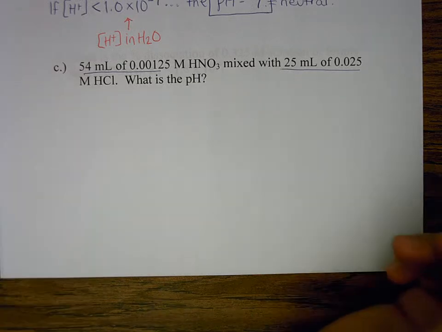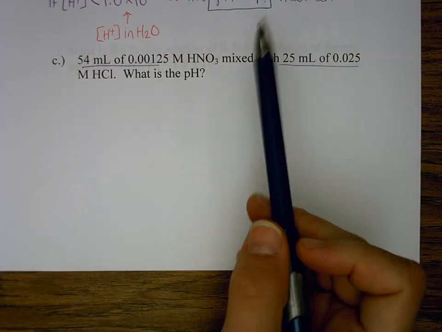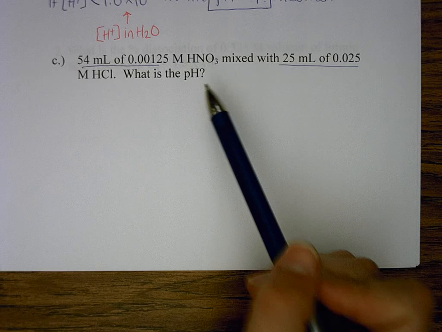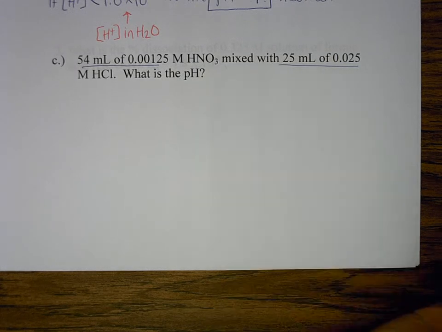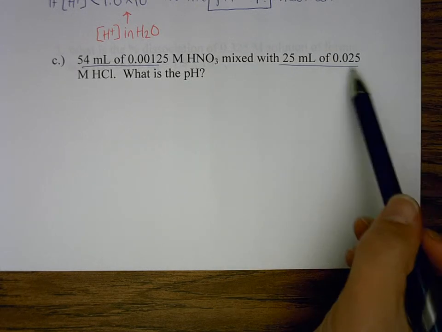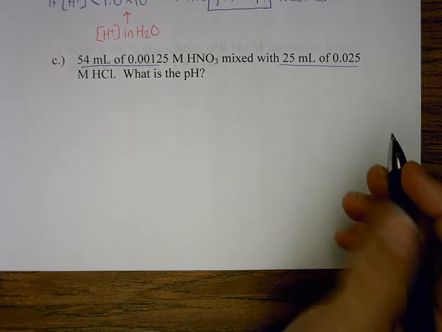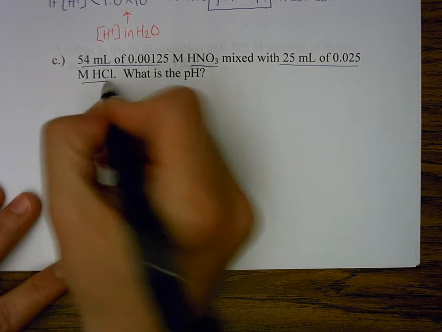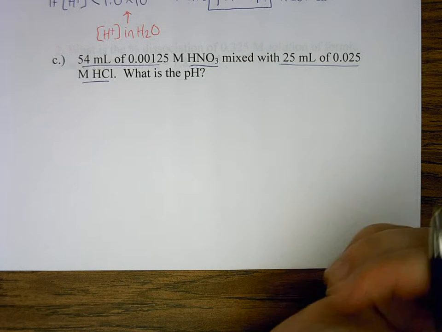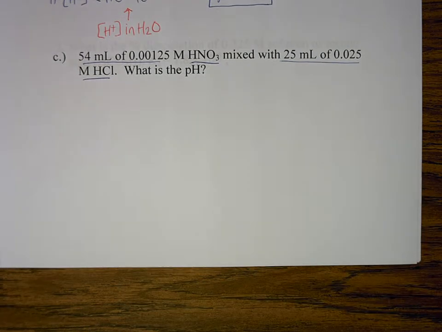All right, in this one I've got 54 milliliters, 0.00125 molar of nitric acid mixed with 25 milliliters, 0.025 hydrochloric acid. What's the pH? So first of all, some things that you need to notice when you're dealing with mixing solutions together is the strength of the acids that you're working with, and then the total volume of the whole solution.